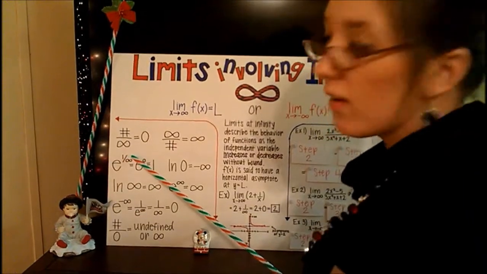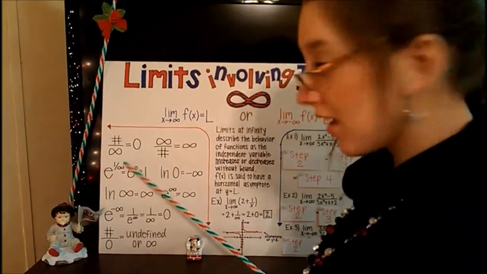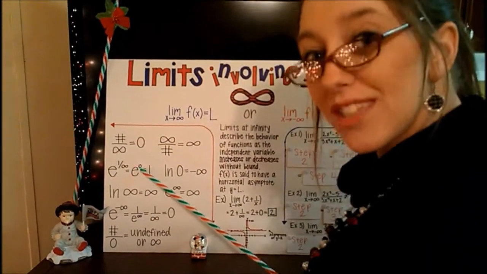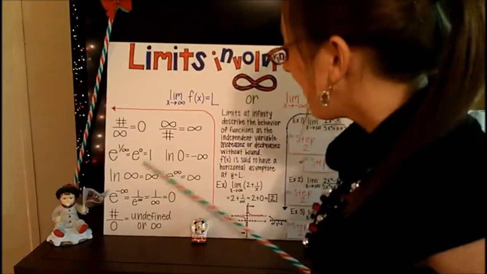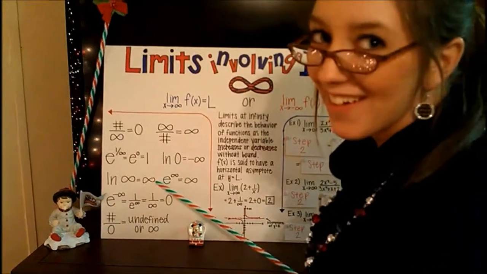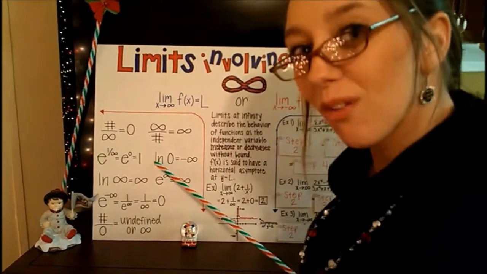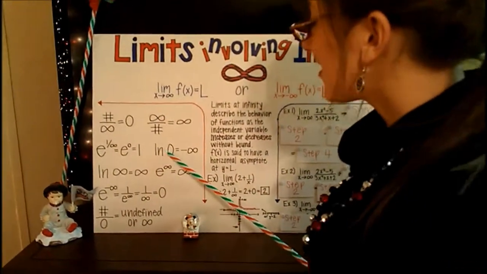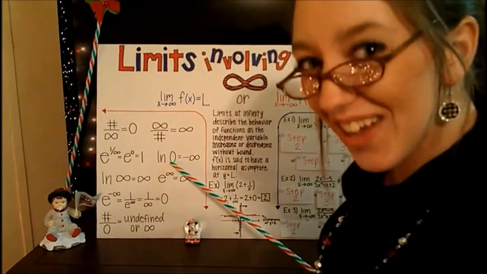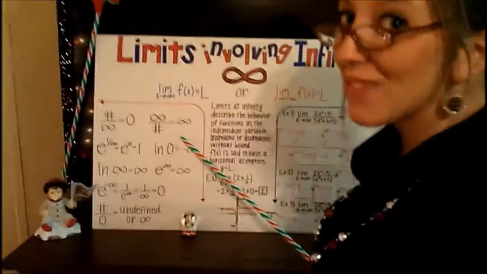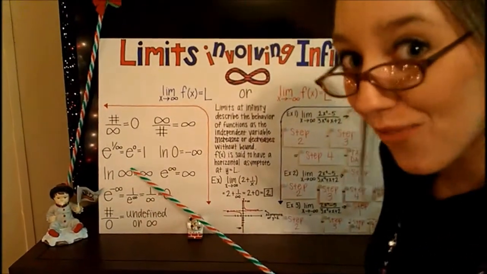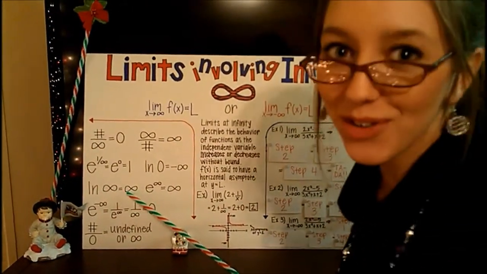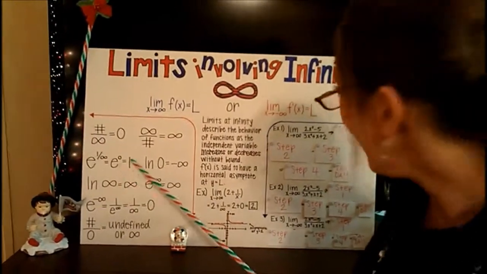e to the 1 over infinity is equal to e to the 0 power, which is equal to 1. And then the natural log of 0 is equal to negative infinity. And the natural log of infinity is equal to infinity.